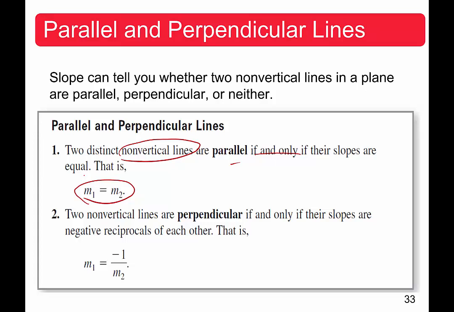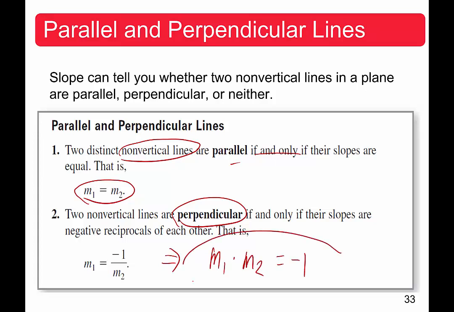And also, two non-vertical lines are perpendicular only if their slopes are negative reciprocals of each other. So m1 equals the negative reciprocal of m2. Another way of saying that is the product of their slopes is equal to -1. This is the alternative form of perpendicular lines.